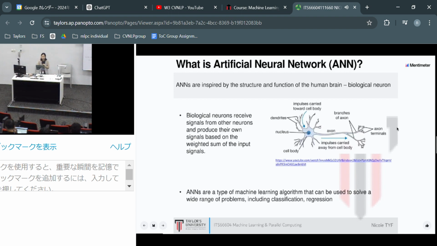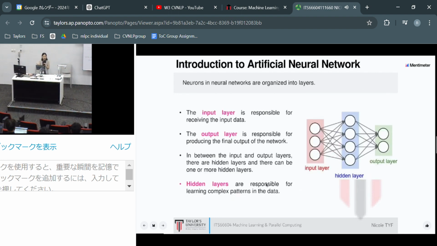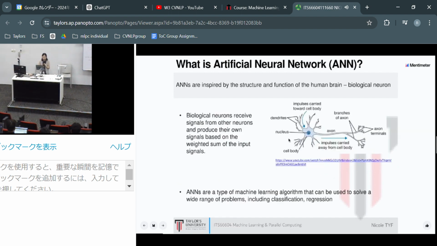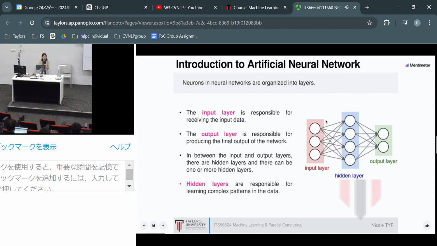So an introduction into this artificial neural network before we go to talk about the basic unit that represents this biological neuron. First off, let's just take a step back and see what is this artificial neural network. I think this piece of information is something easier to digest because this is something that we already know before coming to this class.